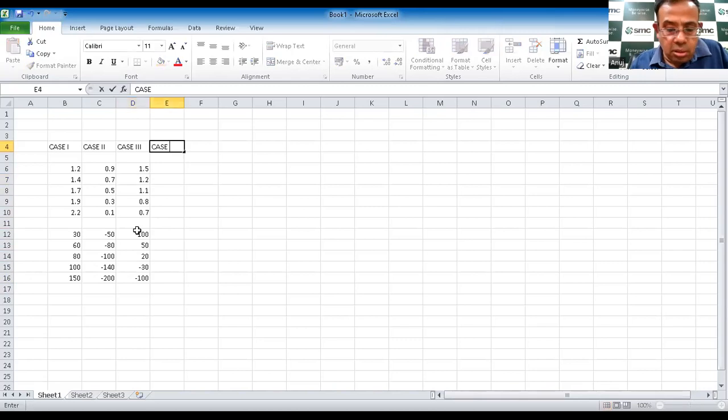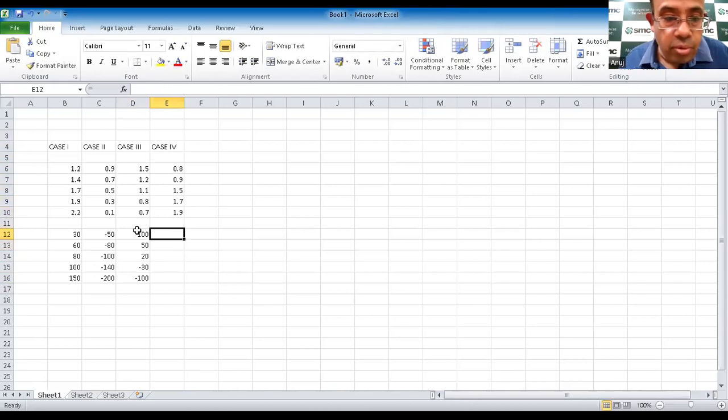The fourth case is just the opposite of it, from negative to positive. So 0.8, 0.9, 1.5, 1.7, 1.9. So this scenario changes from negative to positive.